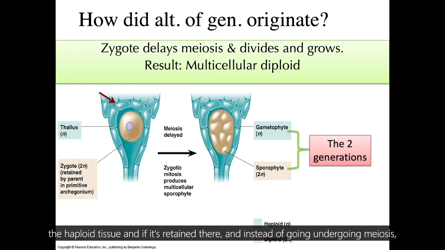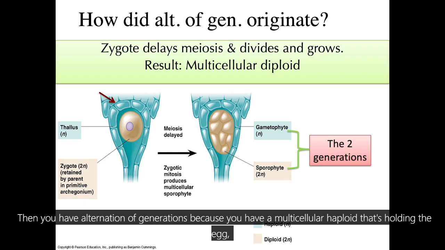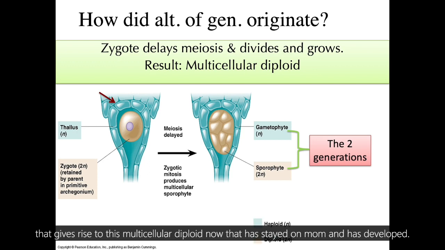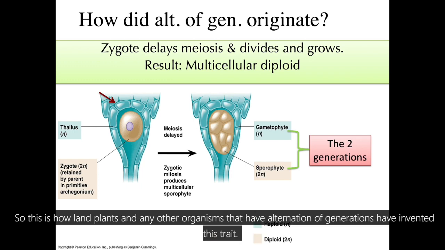And if it's retained there, and instead of undergoing meiosis, it undergoes development by dividing and dividing and dividing and getting bigger and bigger, then you have alternation of generations, because you have a multicellular haploid that's holding the egg that gives rise to this multicellular diploid that has stayed on mom and has developed. So this is how land plants and any other organisms that have alternation of generations have invented this trait.